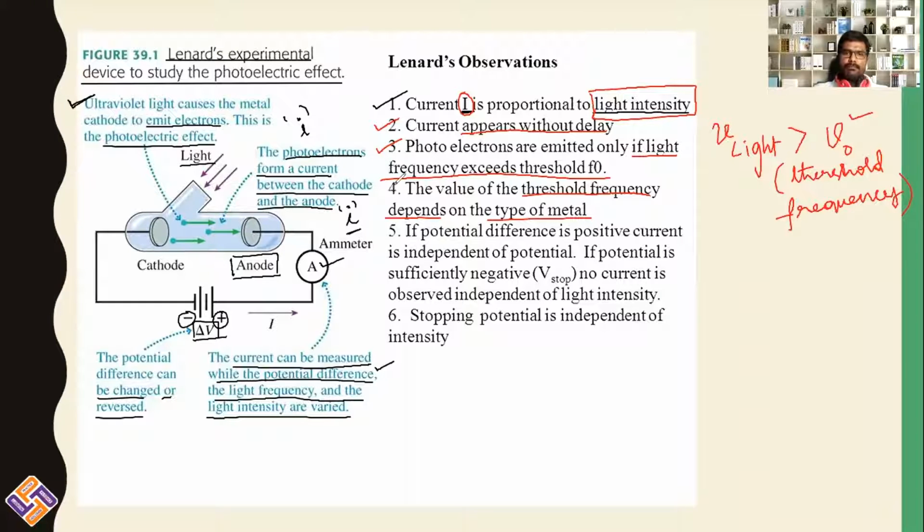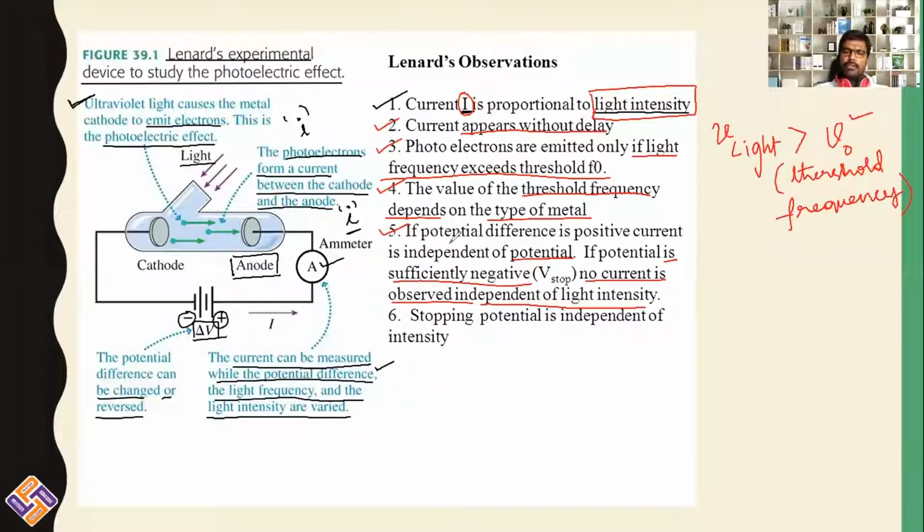That's number 4. Number 5, when the potential difference is positive, current is independent of the potential. So when you provide a positive potential difference, the photocurrent is not dependent upon it. If the potential is sufficiently negative, no current is observed, independent of light intensity.